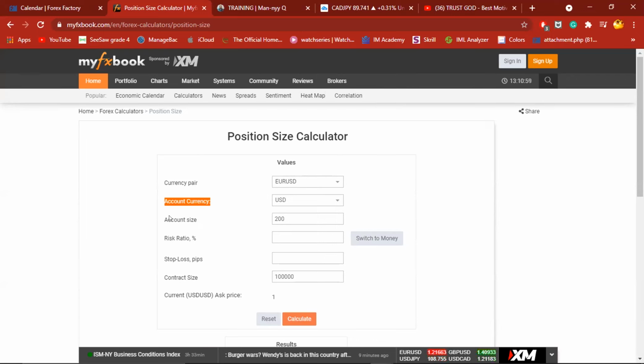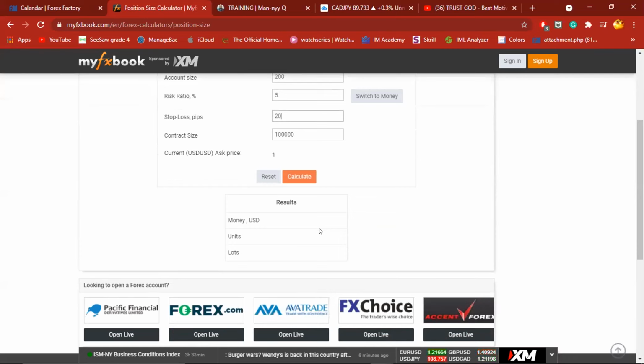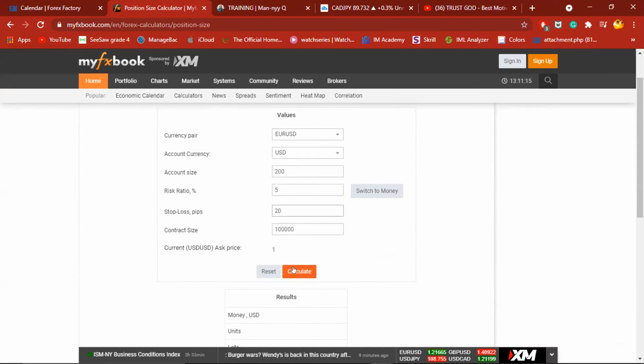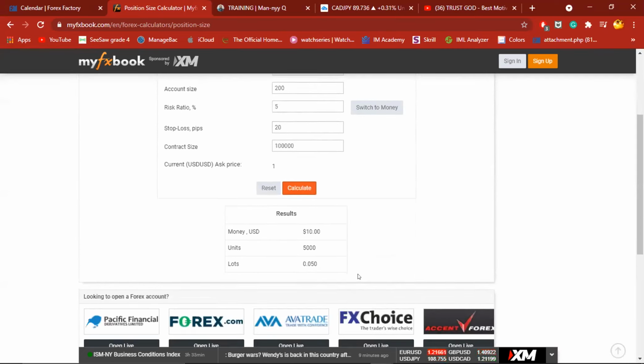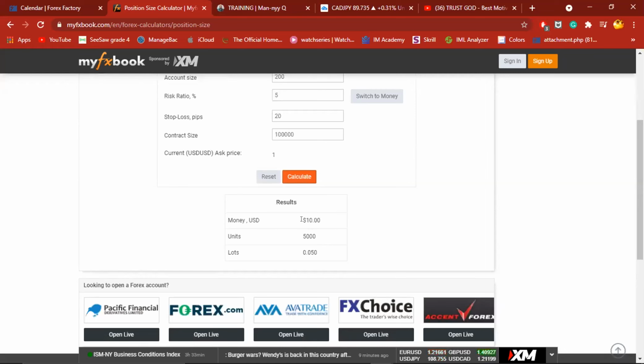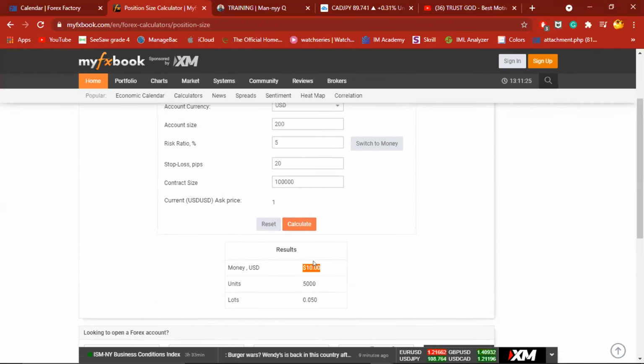So I typed in the account size, 200, and the ratio of what I'm willing to risk, 5%. I'm just going to put 20 pips over here, so that you can see how I calculate the amount for 5% on my day of trading. You can see over here, it's $10. So 5% of $200 is $10.